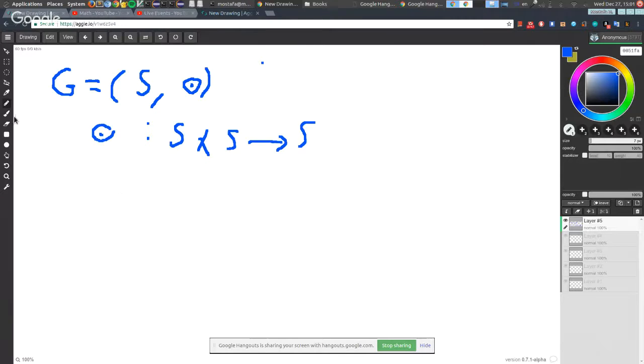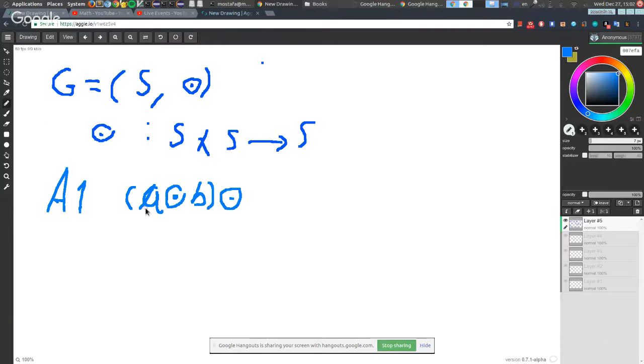So the group has to satisfy some axioms. The first axiom is that the operator has to be associative, meaning that it doesn't matter in what order we apply the operator.